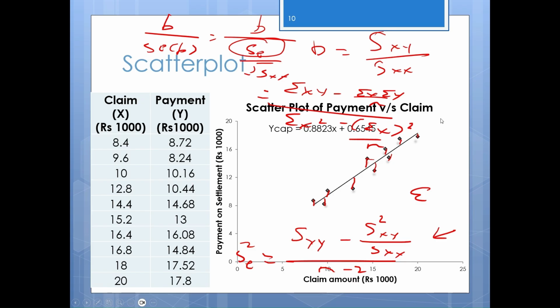So let me go back to what I was doing. Yes, I was saying that regression, that's what I explained here, by the way. So that's what I'm showing you here, divided by n minus 2.